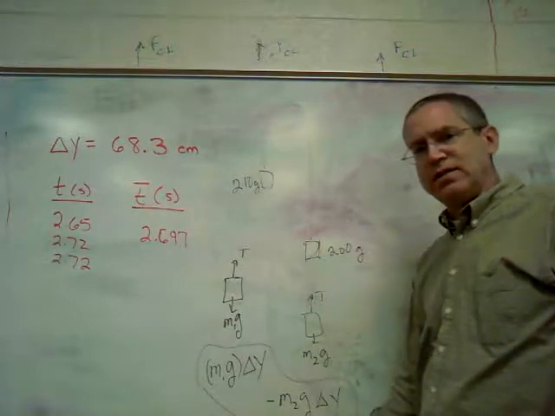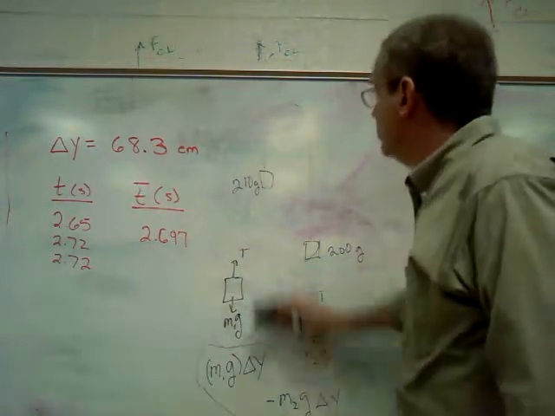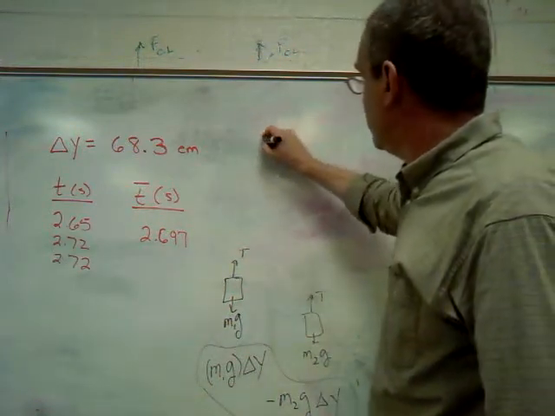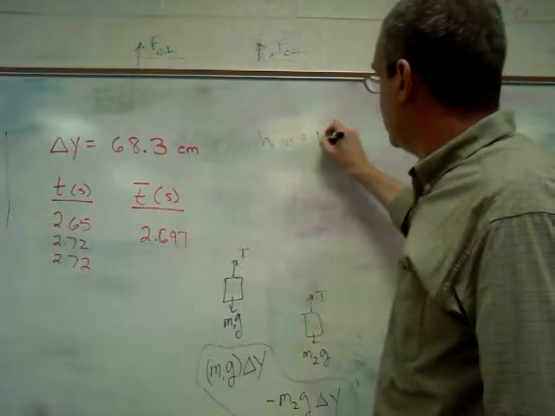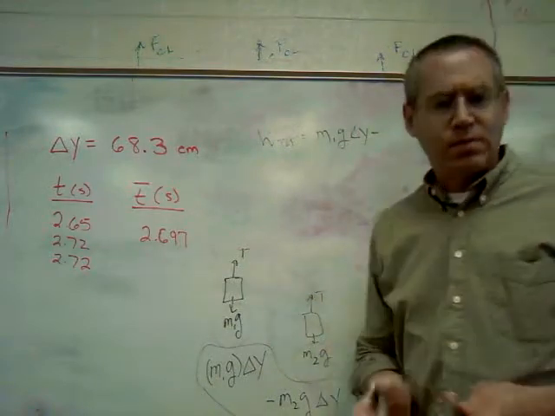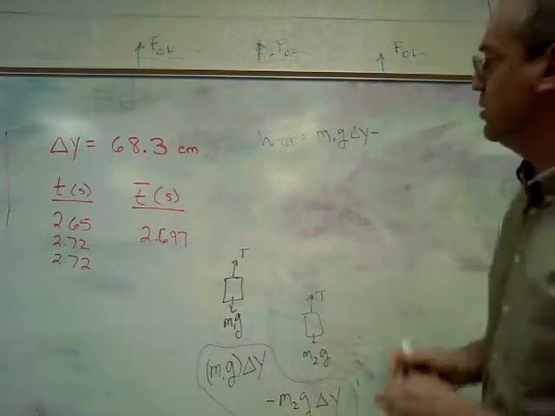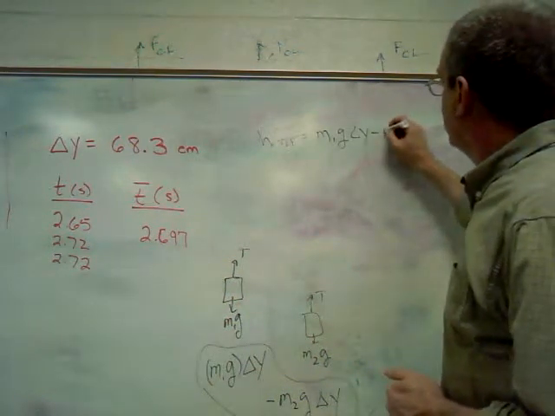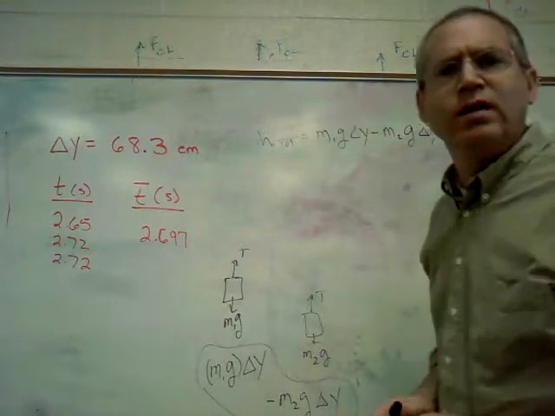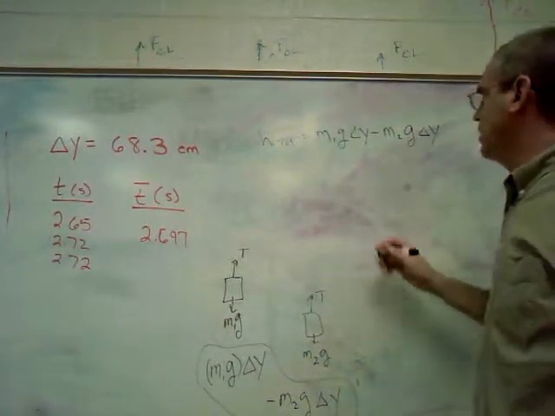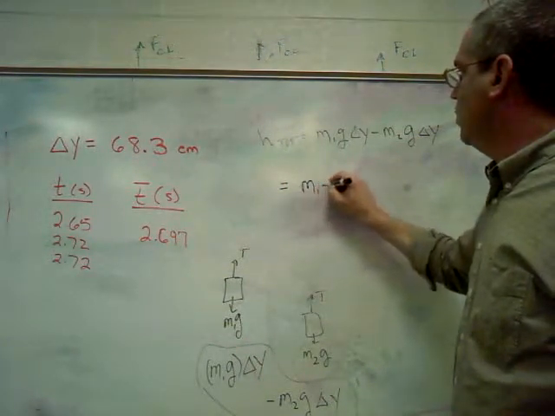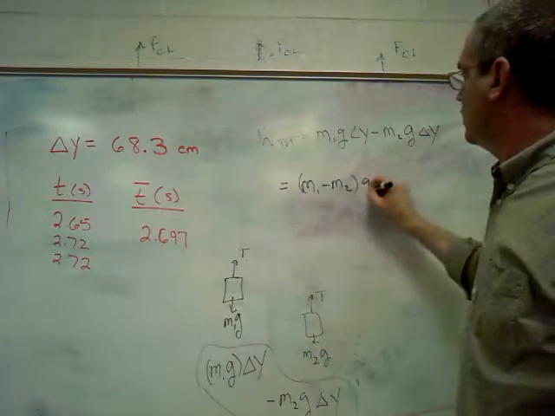So the total work is equal to M1G times delta Y minus M2G delta Y. You're going to have to trust me that it says that. You might have a bit of glare right there. And so the total work is just equal to (M1 minus M2) G delta Y.